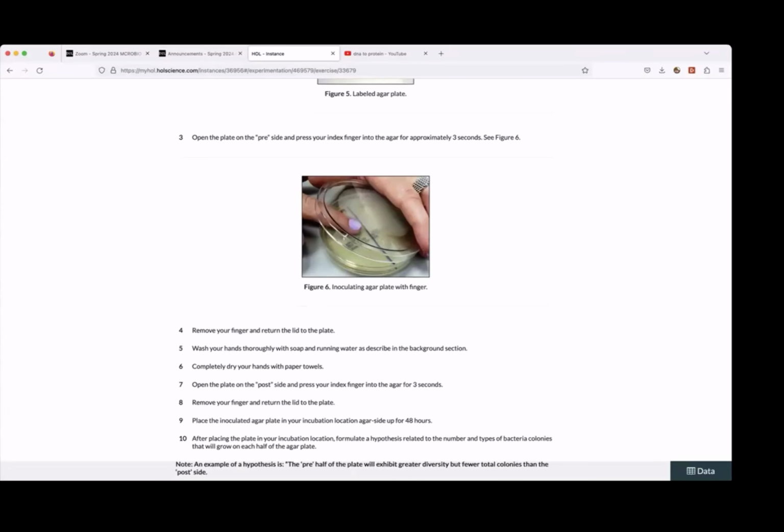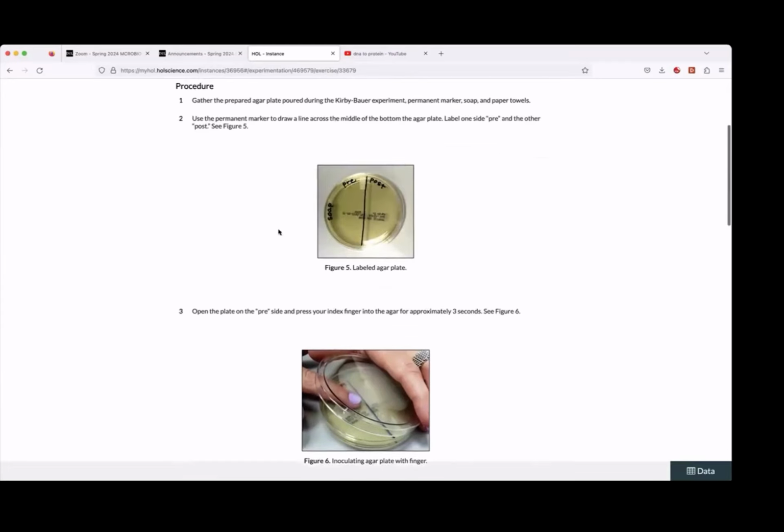But let me tell you that in my face-to-face classes, what we do, we take a Petri plate and we just label one side unwashed and the other side washed. On the unwashed side, before washing our hands, I just stick one of my fingers on one side, pressing it on one side of the agar plate, just gently for maybe 1 minute.